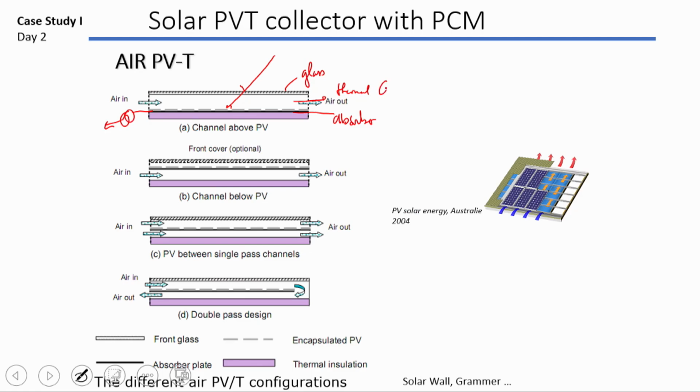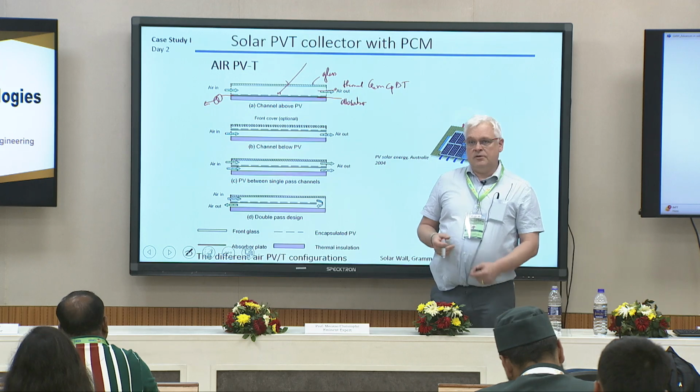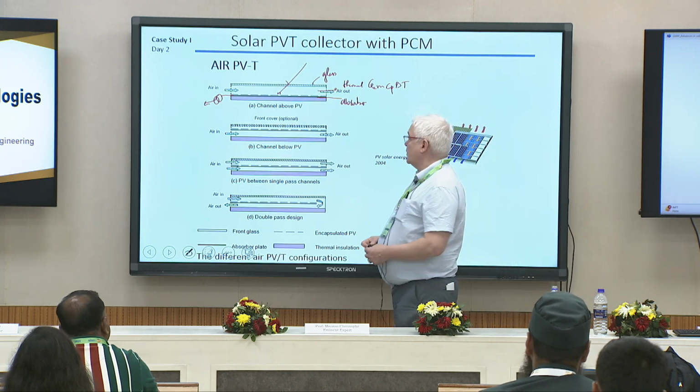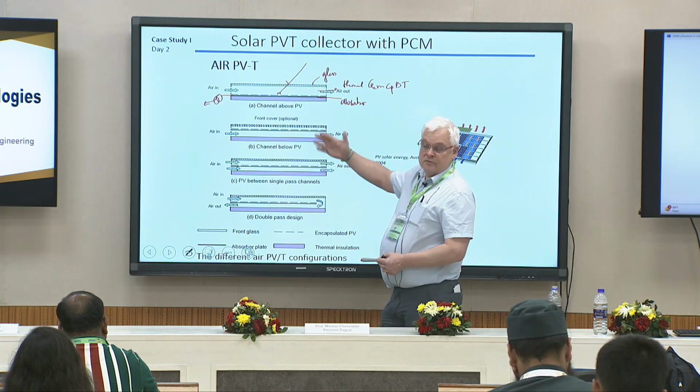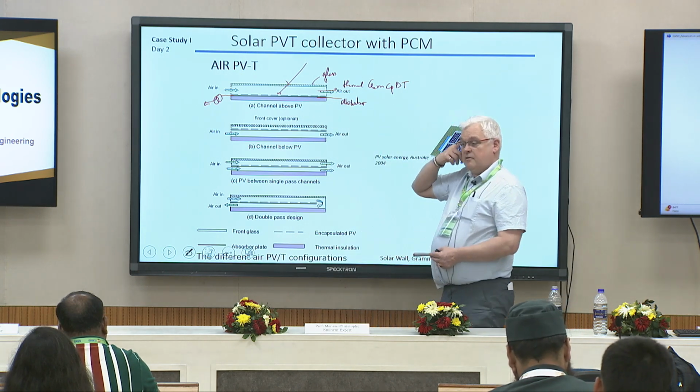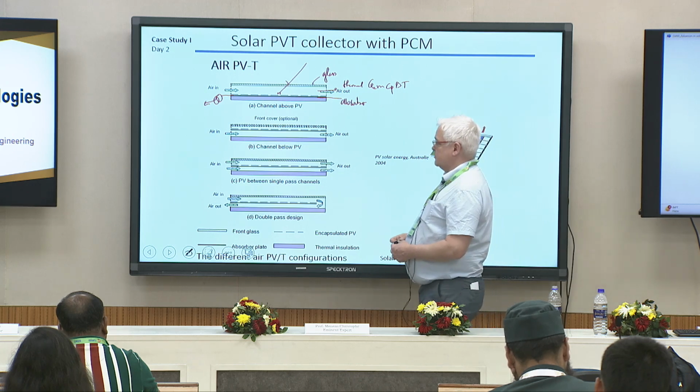So Q = m cp delta T, T out minus T in. So it allows heating the air. As it is glass covered, you can reach 50, 60 degrees on air. Okay. So it could be useful for drying, for example, when you need some heat on air.